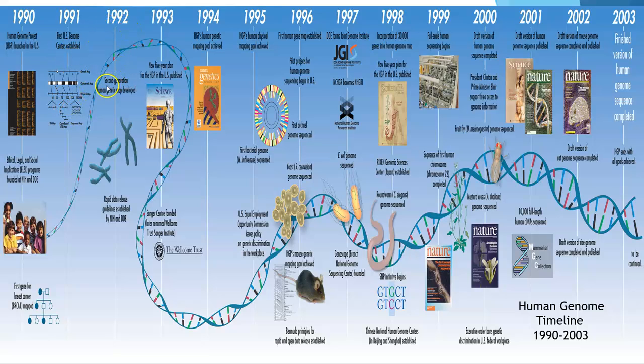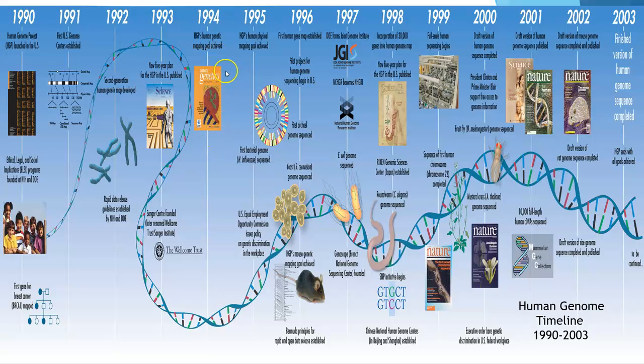In 1992, second generation human genetic maps were developed. Then we move further into the timeline where you will find a new 5 years plan. In 1993, a new 5 years plan for the Human Genome Project in the US was published. Then in 1994, the Human Genome Project human genetic mapping goal was achieved.